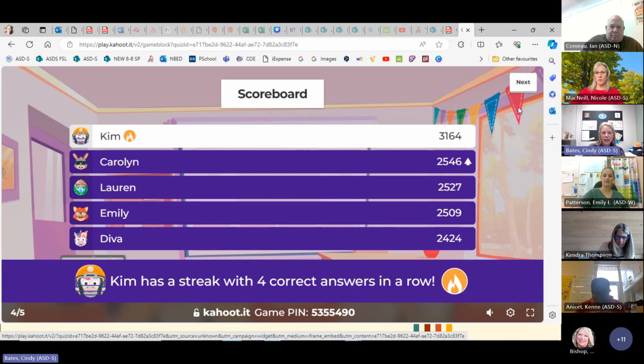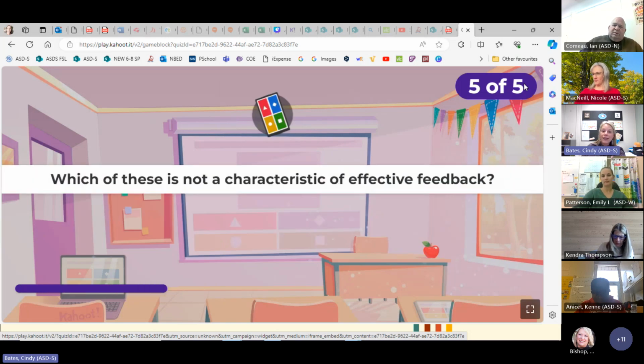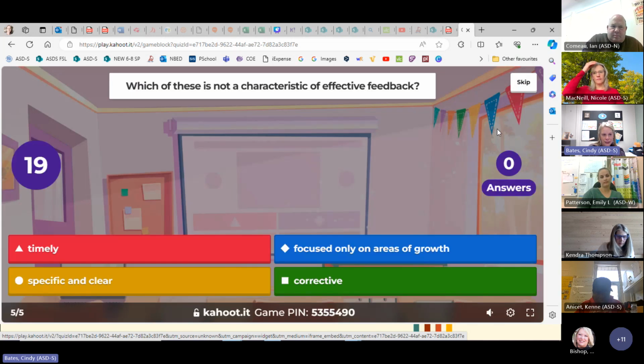Ooh, Kim's still in the lead, but Carolyn's coming up. Last question, everybody. Which of these is not a characteristic of effective feedback? Timely, specific and clear, focused only on areas of growth, or corrective? It's a tough one.